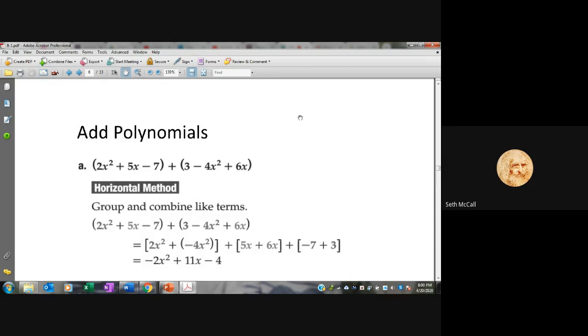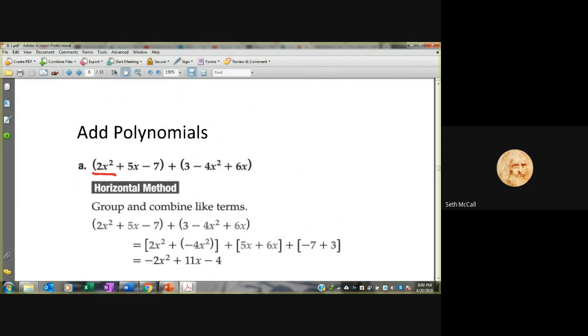So looking at this first example problem in your notes that was already done for you, you can see that we have 2x squared plus 5x minus 7 grouped together. And then it says plus 3 minus 4x squared plus 6x. Now, the first thing to notice is, where are our like terms?